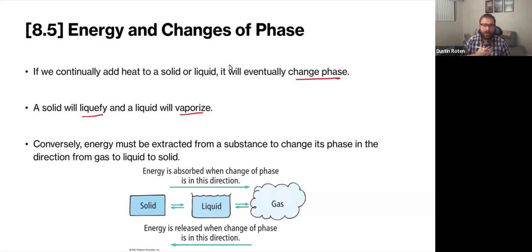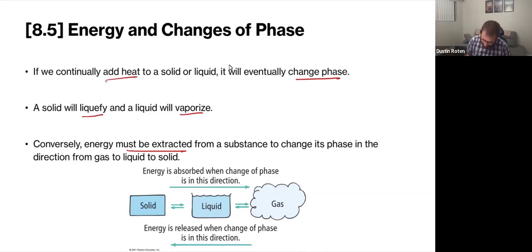So for a substance to change its phase, you have to either add energy or take energy out. So when we started talking about going from a solid to a liquid, that's going to be adding heat. We can go the other way, but we have to extract heat.